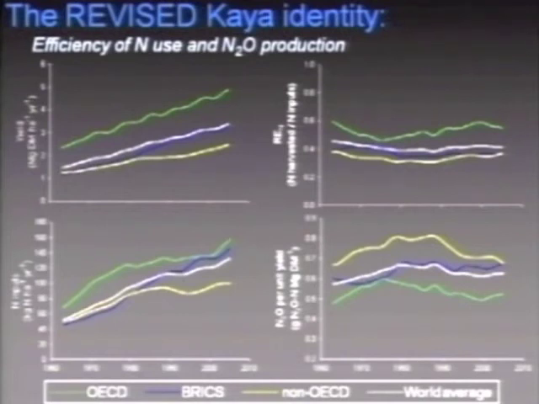So this is of nitrogen that's added to crops. So this is fertilizer, nitrogen in manure, and deposited in. Of the nitrogen that's added to crops, this is the proportion that's recovered. And so in the rich countries, about half is recovered. In the developing countries, less is recovered. So countries with higher rates of nitrogen inputs actually are more efficient in recovering that nitrogen.